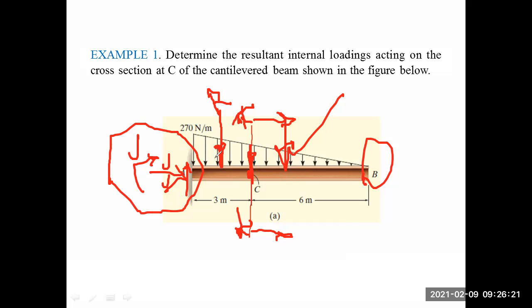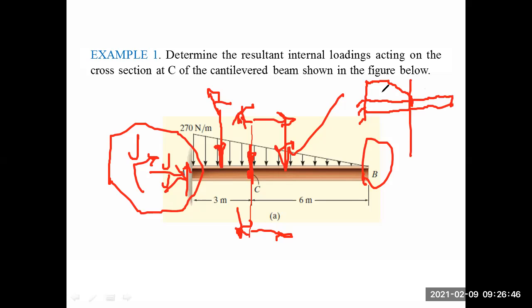But if, for example, this cantilever beam had a distributed force, maybe a triangular force, that ends at this point, and the internal force is required at this point, then of course you take this side.